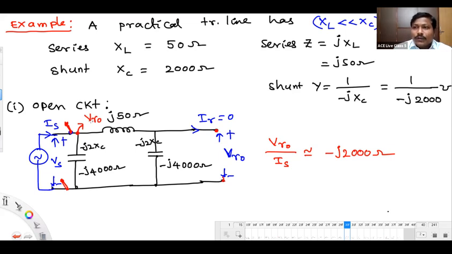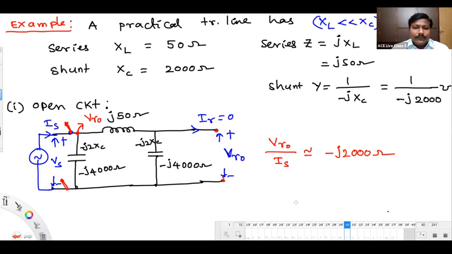Now, the voltage to current ratio at this point is nothing but VR0 by IS. That value equals the impedance you said just now, that is minus J2000. Now all of you clear? I've explained just now.